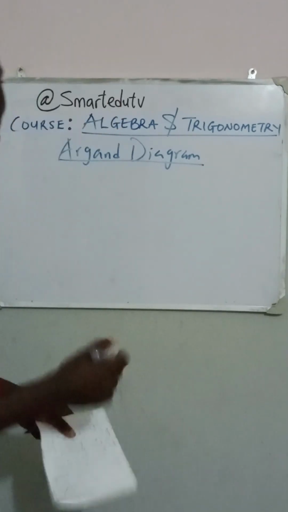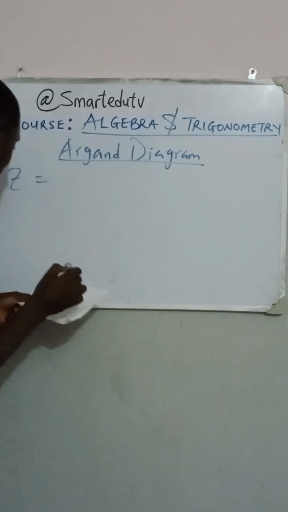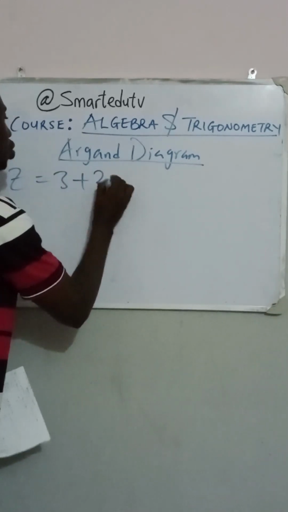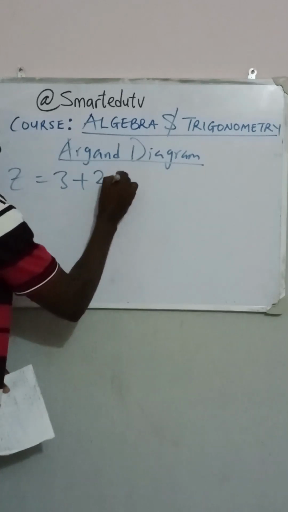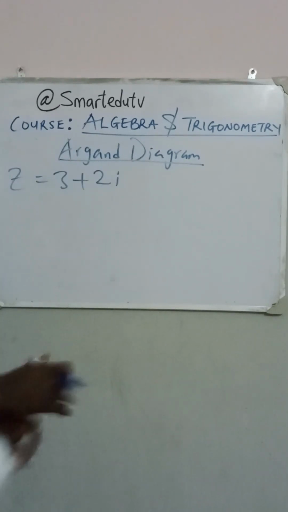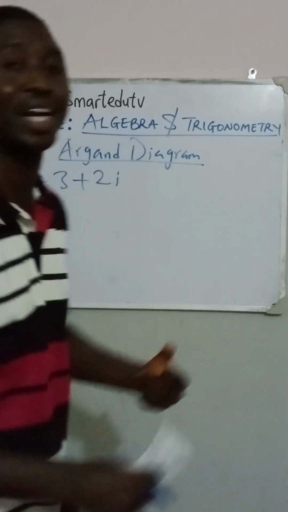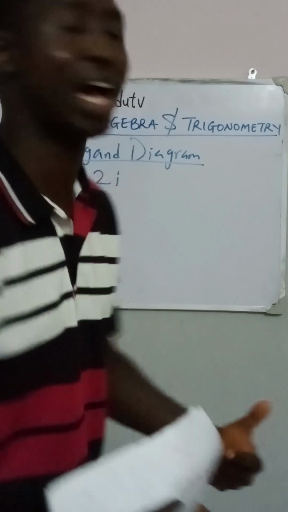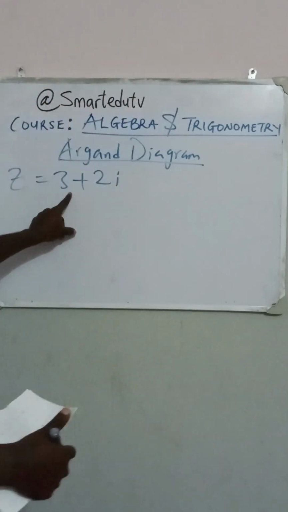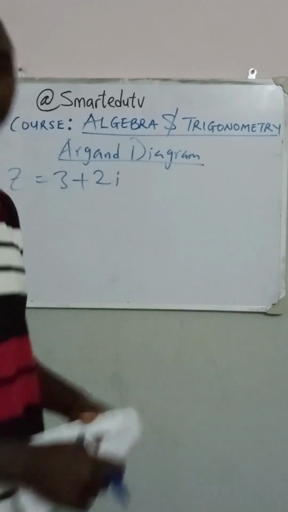For example, if you are told to represent z equals 3 plus 2i using Argand diagram, it simply means that I want to represent 3 plus 2i on the xy plane.